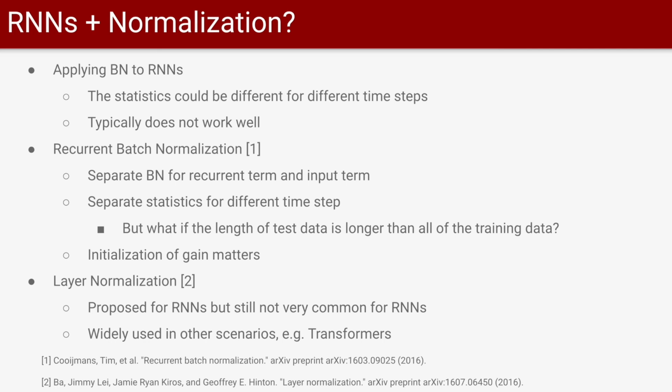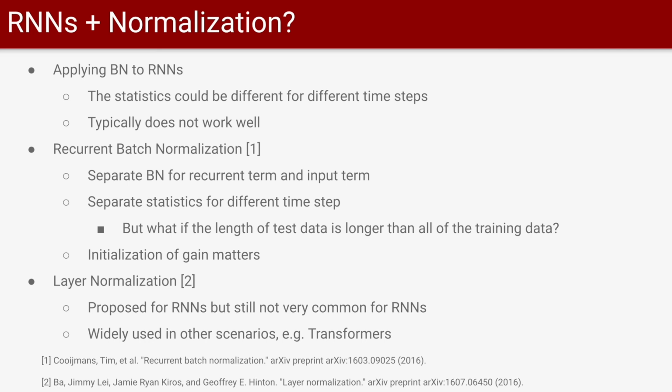Here I listed two papers that successfully use normalization for RNNs, and I briefly highlight the key ideas here. For recurrent batch normalization, they have a separate batch norm for the recurrent term and the input term. And also they have separate statistics for different time steps.